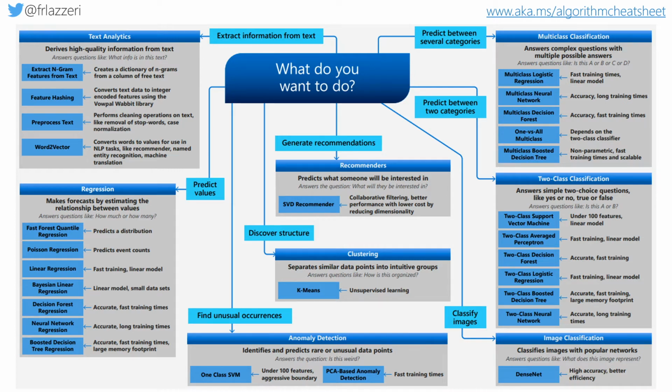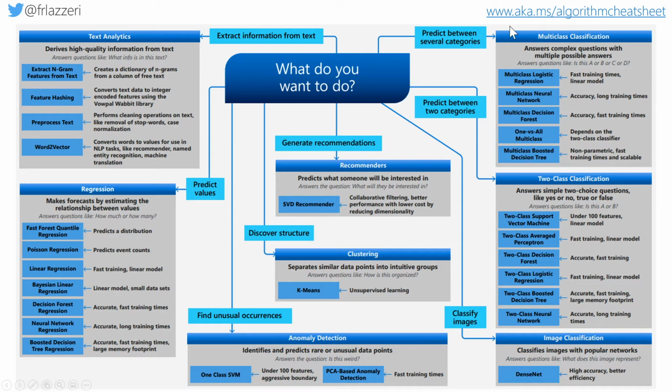The common question is always, which machine learning algorithm should I use? The algorithm you select, of course, depends on one aspect of your data science scenario, that is what you want to do with your data, and the most important part is the business question, the business problem that you want to answer, to solve by learning from your historical data.